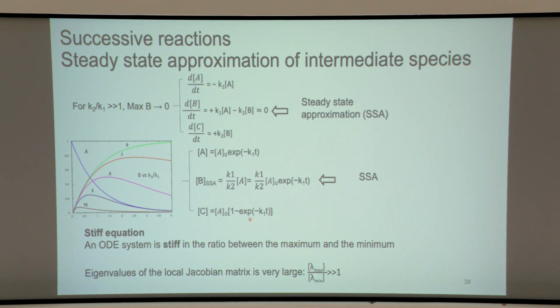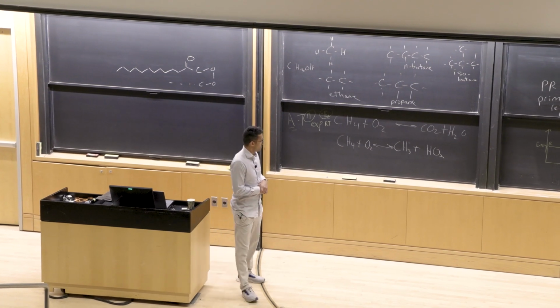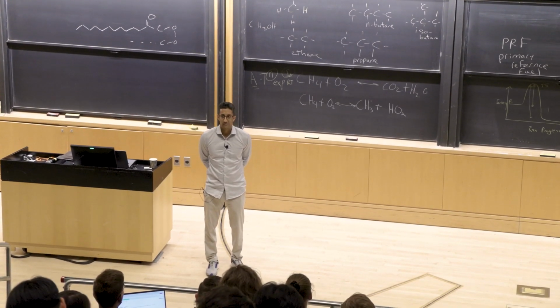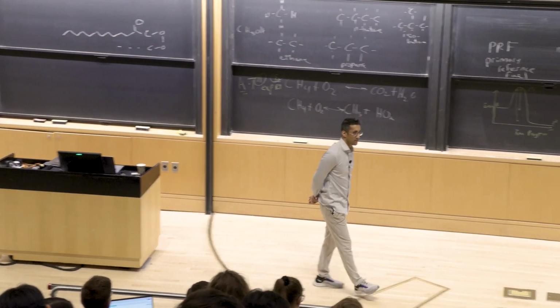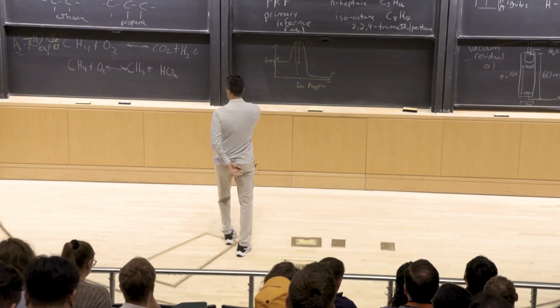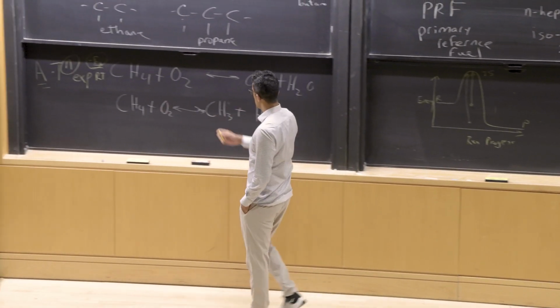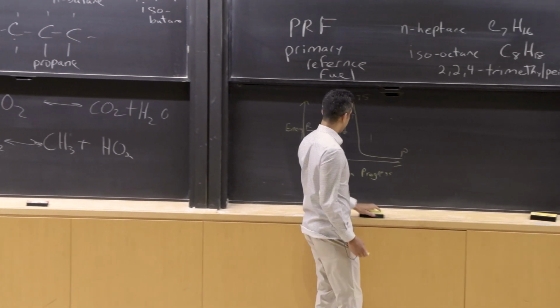Now, where does all this make sense in our practical system? What types of species do you think are typically at steady state in a combustion system? Yes? Radicals. So let's say, again, here we had CH4 plus O2 goes to form, well, let's not look at CH4. Let's look at a different example.